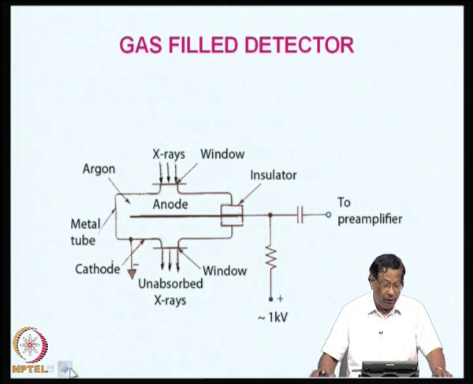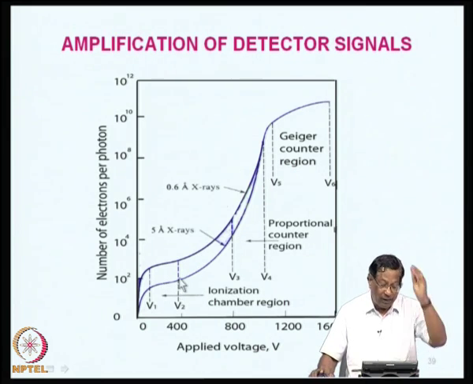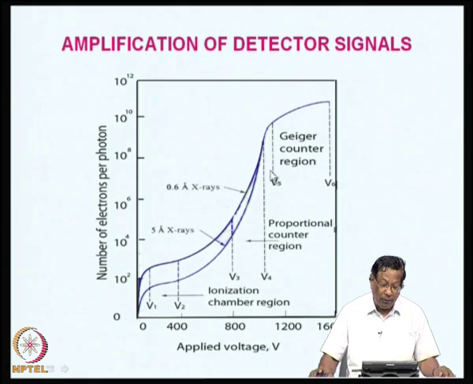So, this is how a gas filled detector works, and if you look at the amplification of the detector signals, you will see three regions. Here in this figure I am showing you the first bottom curve corresponds to 0.5 angstrom X-rays, and the top curve corresponds to 0.6 angstrom X-rays.